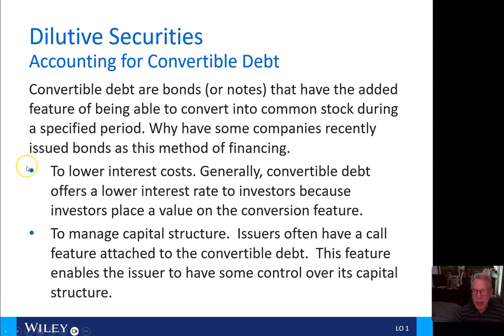Generally, convertible debt offers a low interest rate to investors because investors place a value on that conversion feature. And then also to manage the corporate structure. Issuers often have a call feature attached to convertible debt. This feature enables the issuer to have some control over its capital structure.